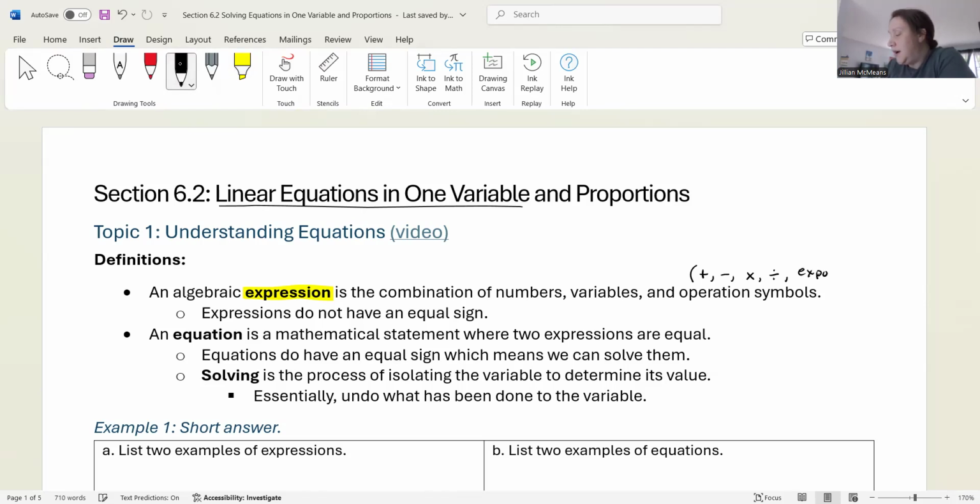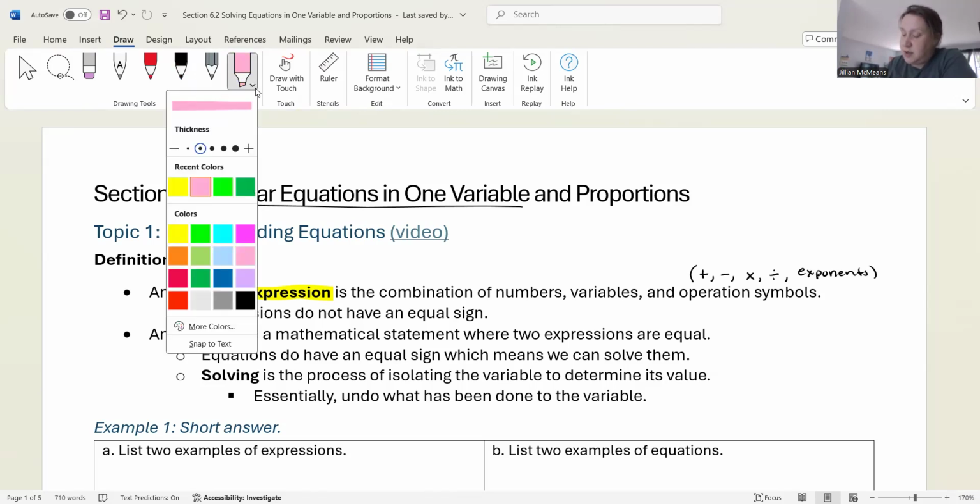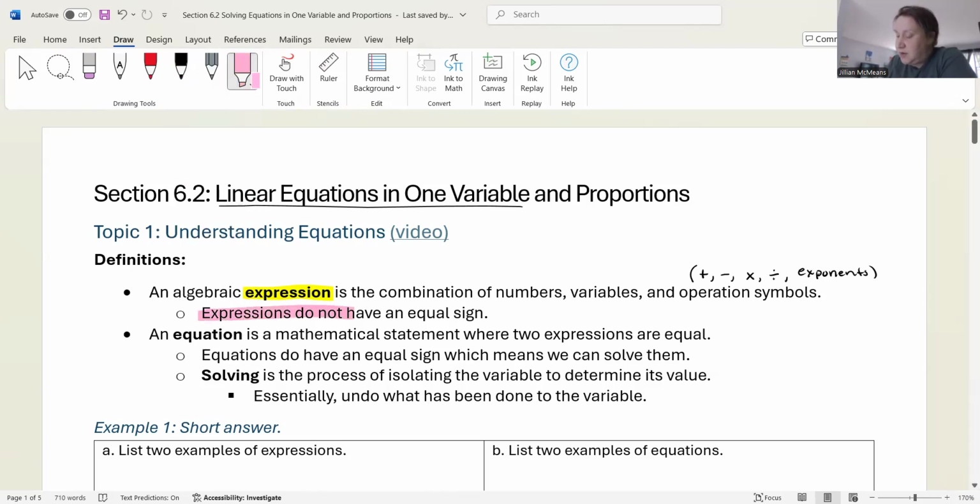Those are the big five. There are other things that could show up, but these are the common ones. What separates an expression from an equation is that expressions do not have an equal sign. That's what makes an expression versus an equation.